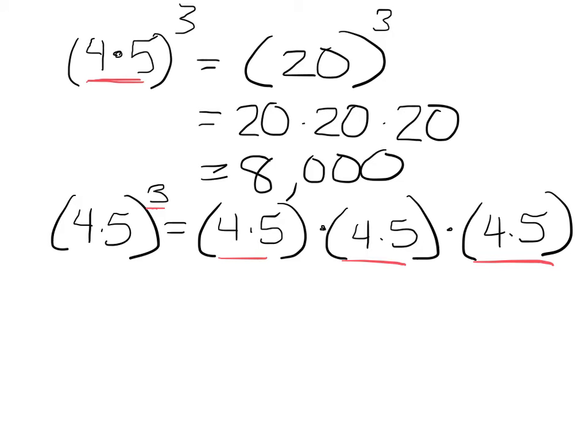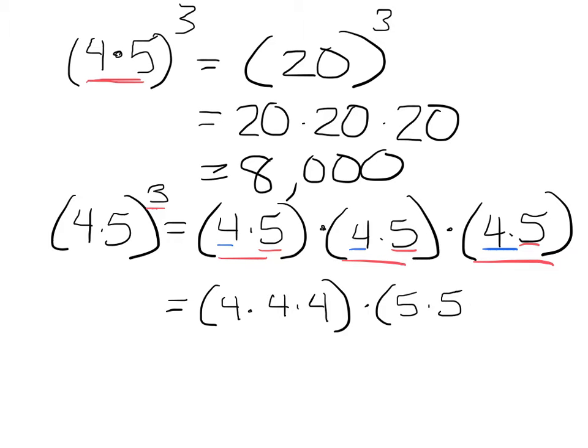So I can regroup this. If I take all of my 4's and regroup them together, I have 4 times 4 times 4, times my 3 factors of 5, 5 times 5 times 5.